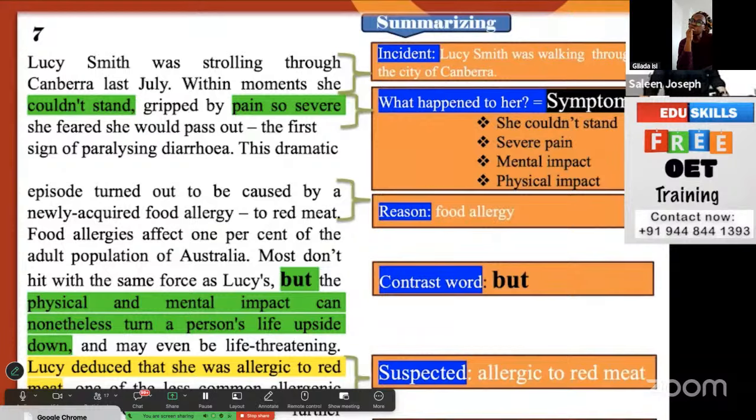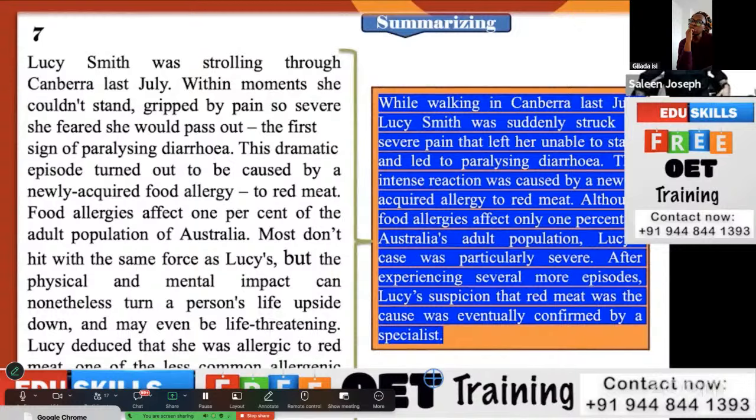Then later confirmed by the specialist. Don't worry about any answer on the text. How nice it is. Now let's check. Now you see, the summary will look like this. You understood? You can work out in your own way in small sentences. You can summarize even in simple sentences. No issues. Don't worry.